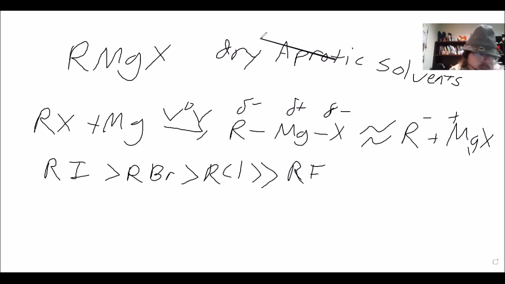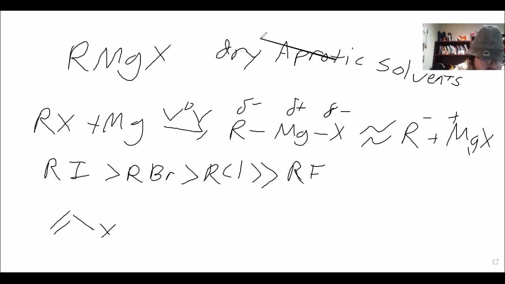Now, this R group could be anything. Could be a ring. It could have other functional groups on it, as long as those are not acidic functional groups. Could be a primary carbon, a secondary carbon, tertiary carbon, a vinylic carbon. Could be an aryl halide. So we can do this with, say, X. We can replace that.